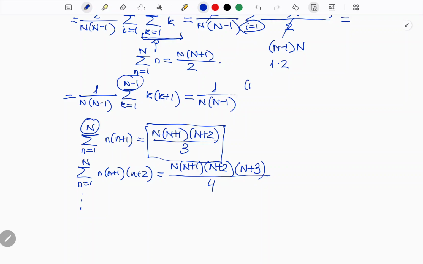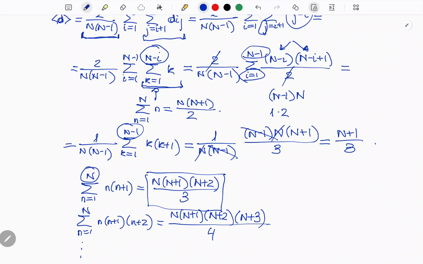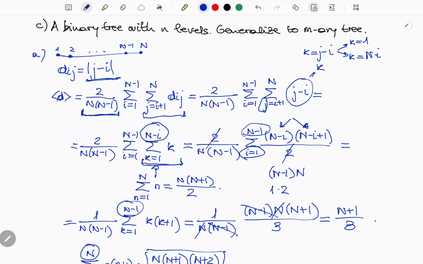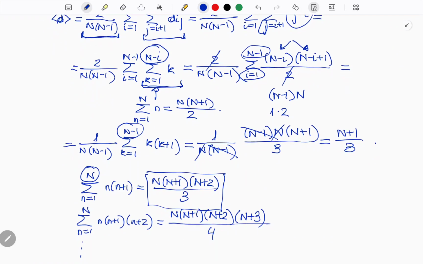So the first term is n minus 1, the second term is n, and the third term is n plus 1. And I have to divide everything by 3. So now this n cancels out this other n, and this n minus 1, this other one. So in the end, I have n plus 1 divided by 3. So this is going to be the average path length of this line. Okay, so we have n plus 1 divided by 3, and that's it.